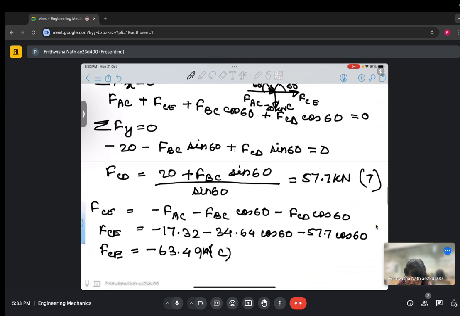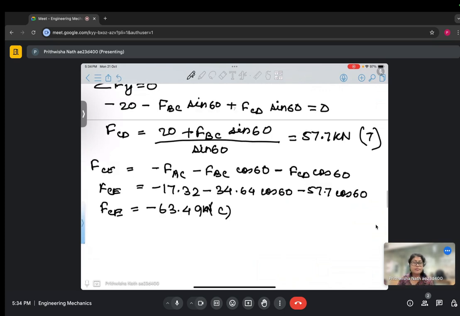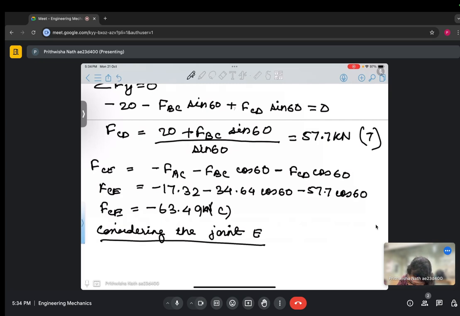Now finally we need to find out the force in member DE. Now considering the joint E, so we will just do Fy equals to 0.